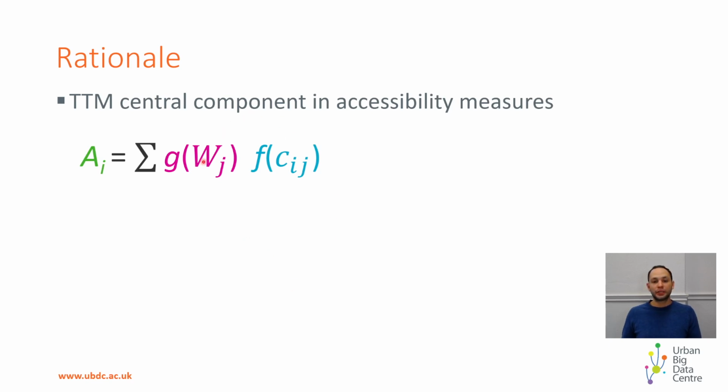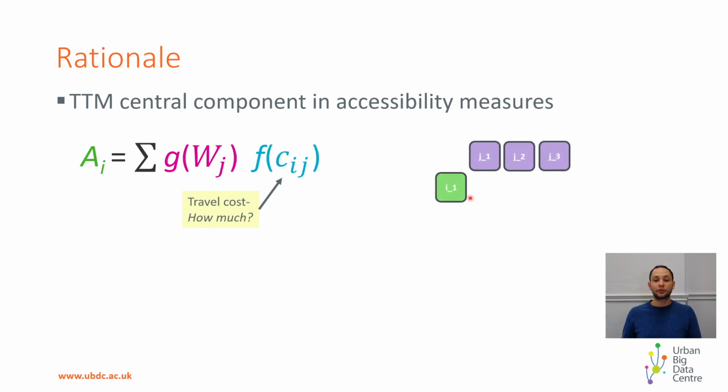In this formula, I am showing the specification of a generic location-based measure. This contains essentially two elements: the size of the importance of the destinations as perceived by residents or travelers, and the second one is the cost of moving or traveling from location I to destination J.